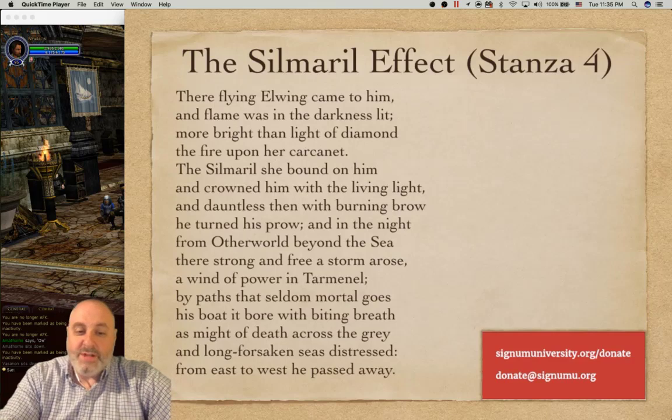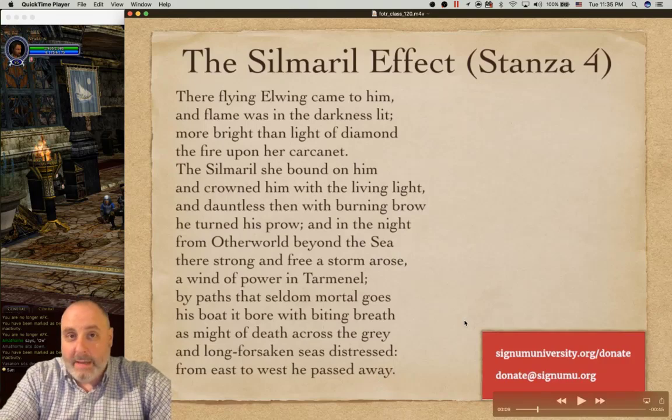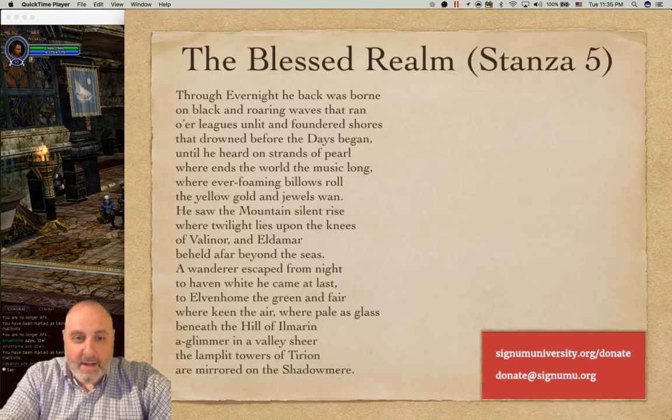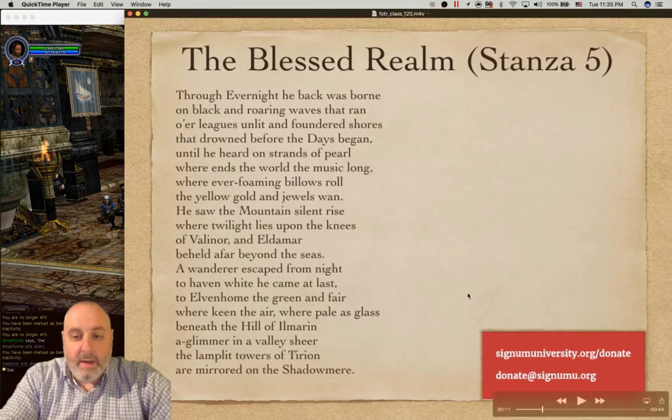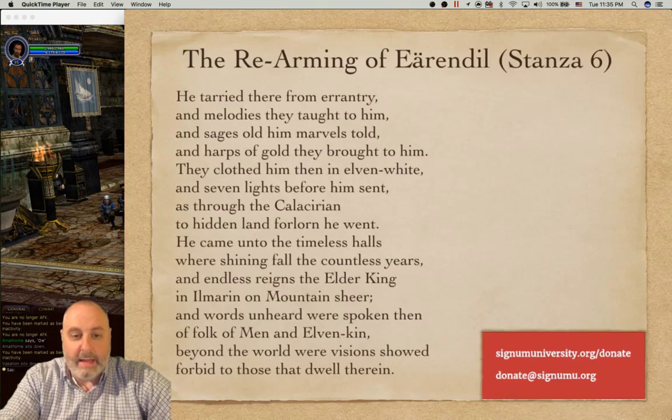Now, saying that he's being born by paths that seldom mortal goes doesn't prove that he's mortal, but seems to put him, I was about to say, in the same boat, but that would be just too awful. But anyway, when he gets to Elvenhome, right, when he gets to the end of the world, he's left the mortal lands behind, and he goes through the Kalikirian, and he's in the timeless halls, and he's beyond the world.